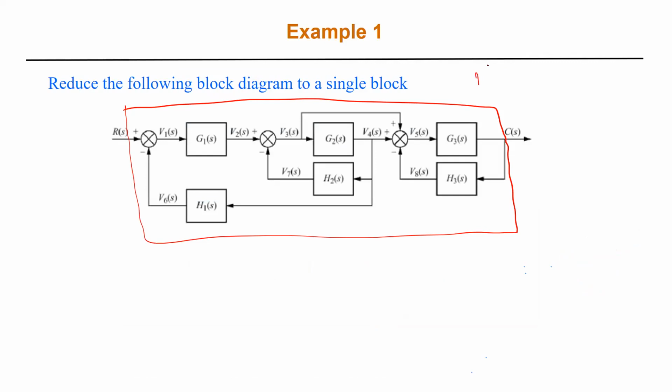Let me call it T. So I need to find T of S, which is equal to C of S over R of S, using the manipulation which we have discussed. Look, there will be more than one way of doing the problem, but in any case, the final answer should be the same.